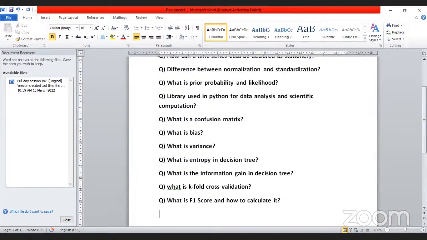So it is telling us the mean of that, the accuracy of the test. If the F1 score is less than 1, that means the precision and recall are not accurate. If the F1 score is 1, that means it is good, the precision and recall are accurate. Okay, is it clear for you?